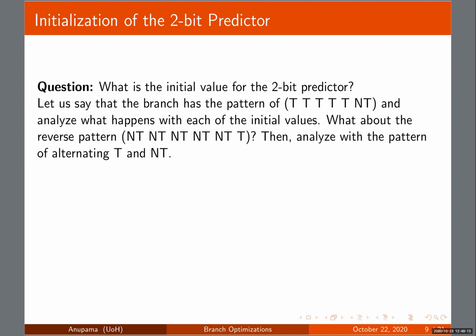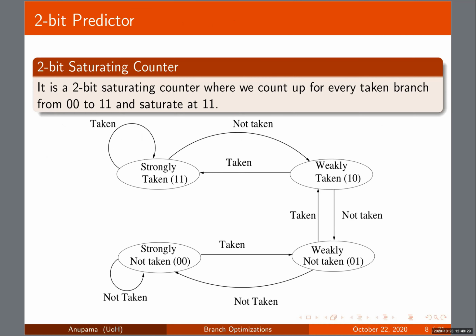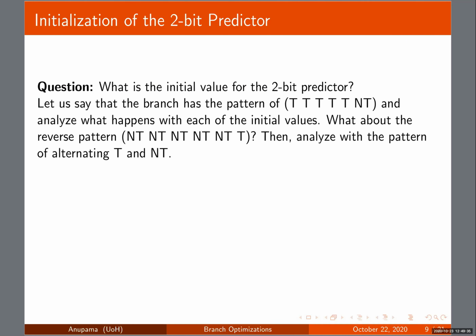Now, this is where I have to restart because I don't think I have talked about this in the previous class. So the question is, if we have these 4 states in the 2-bit predictor, what should be the initial value for the 2-bit predictor?